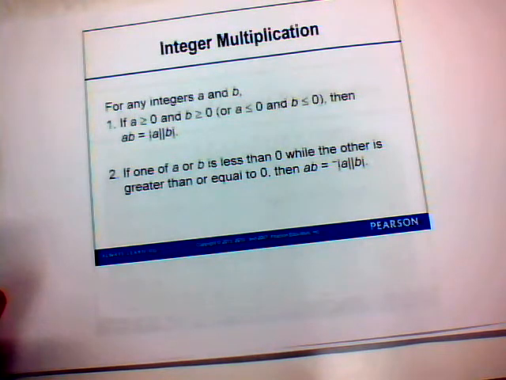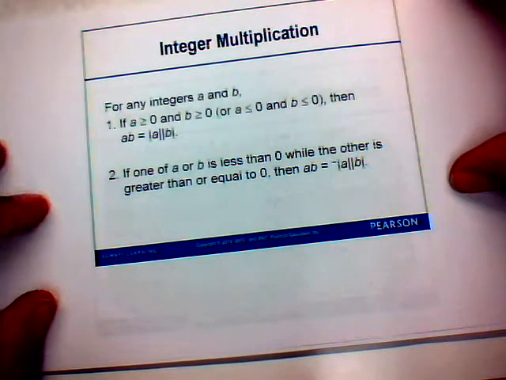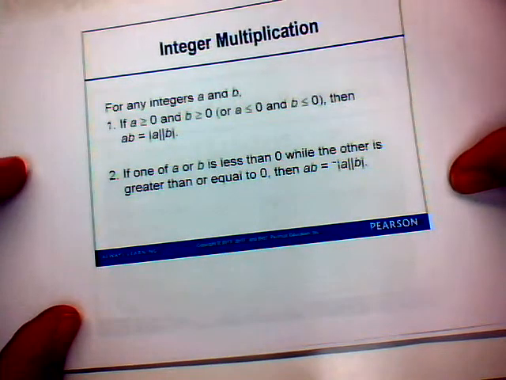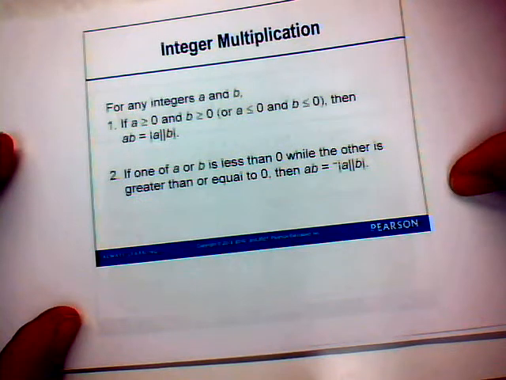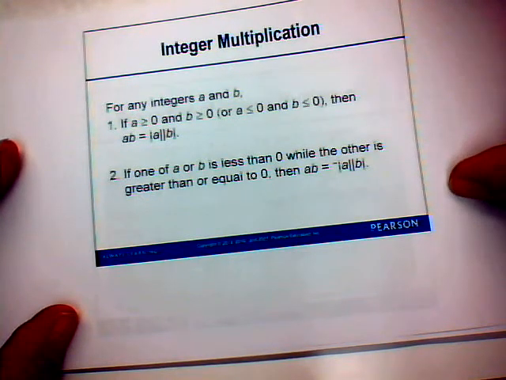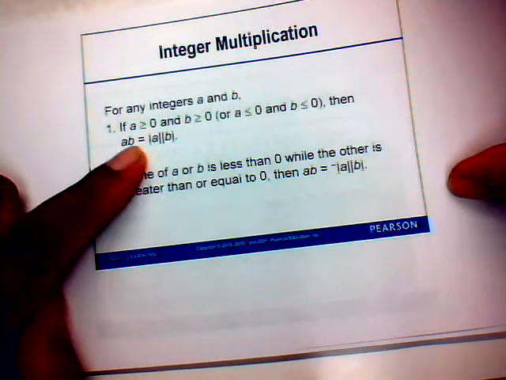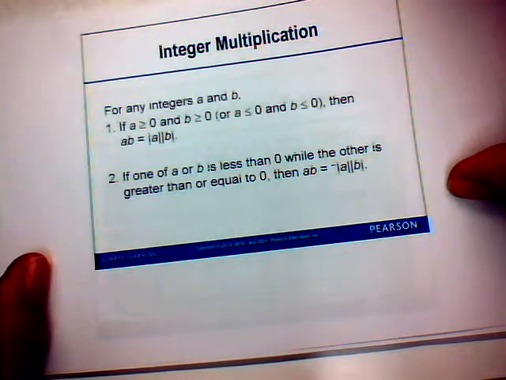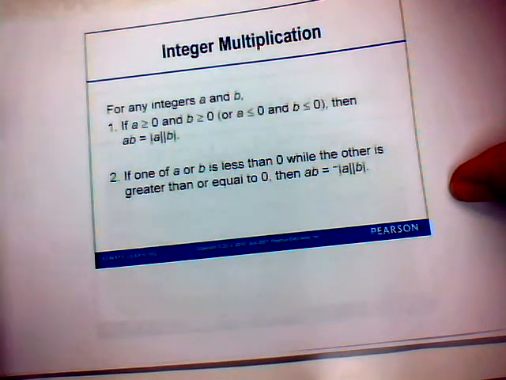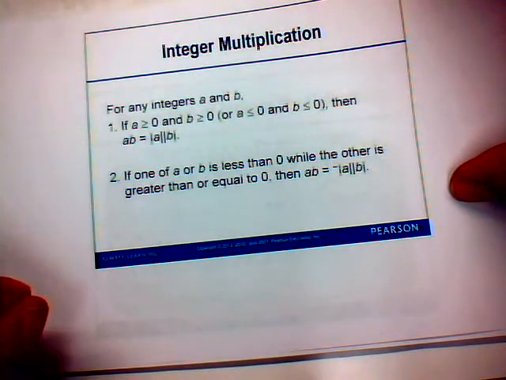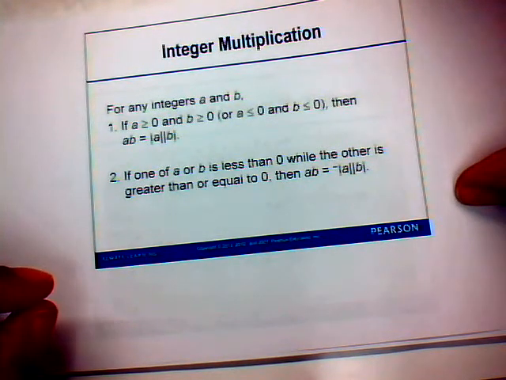Okay. Now for any integers a and b, if a is greater than or equal to 0 and b is greater than or equal to 0, or a is less than or equal to 0 and b is less than or equal to 0, then a times b is going to be the absolute value of a times the absolute value of b. In other words, if you're multiplying two integers that have the same sign, the answer is going to be positive.